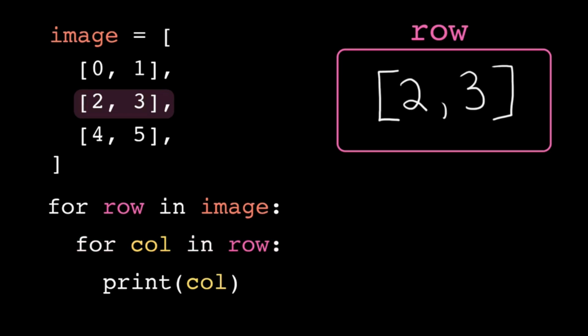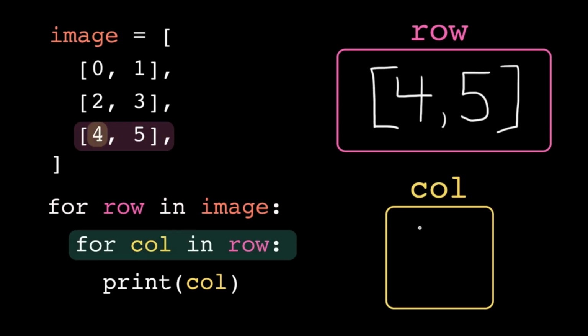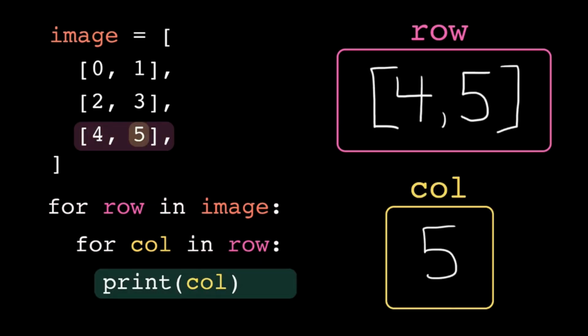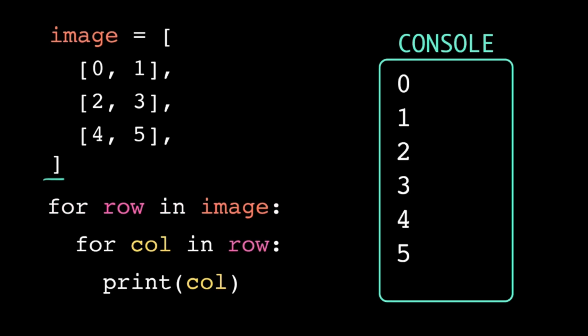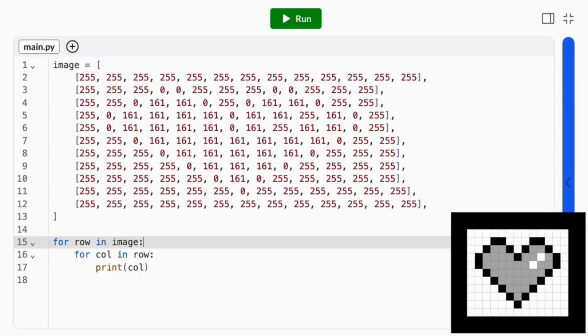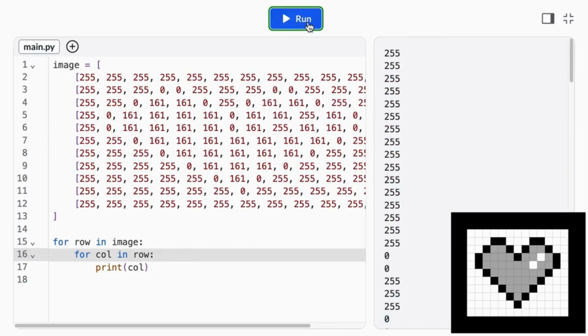So we terminate the loop, which brings us to the end of our outer loop body, so we loop back to the top and start on the next row. We do all of that again, and when we get back to the top of the outer loop this time, we are out of rows. So the outer loop terminates, and you can see that we printed every element in order of the 2D list. So the outer loop iterates over the rows, and the inner loop iterates over the columns of each row.